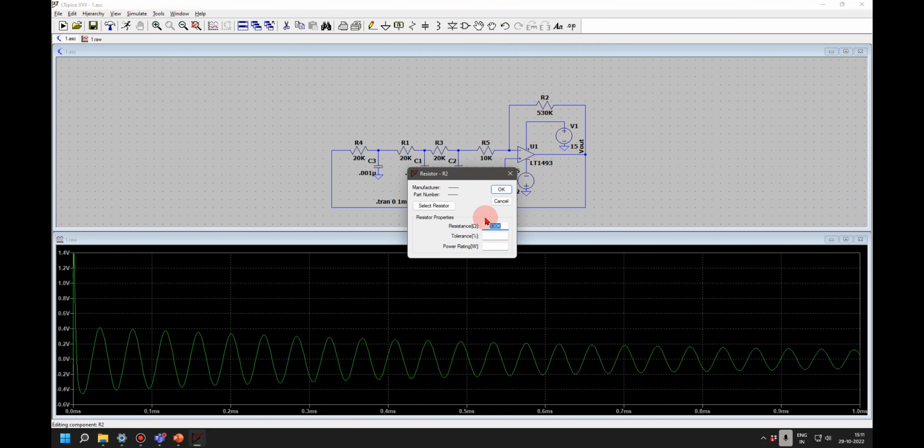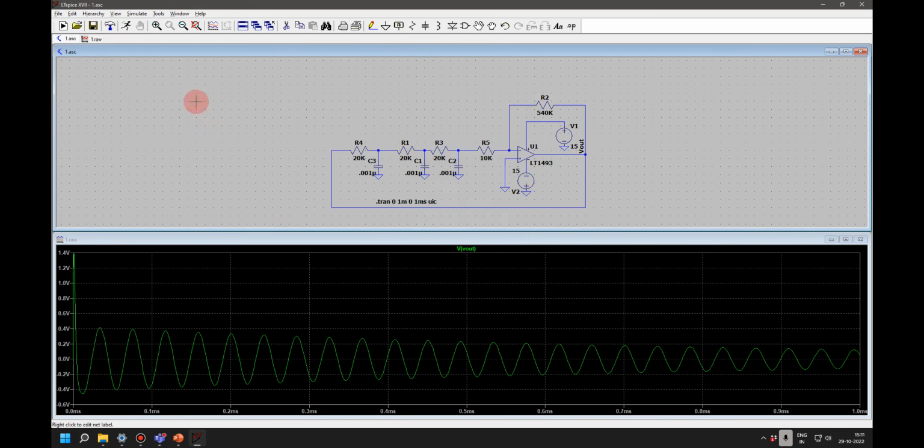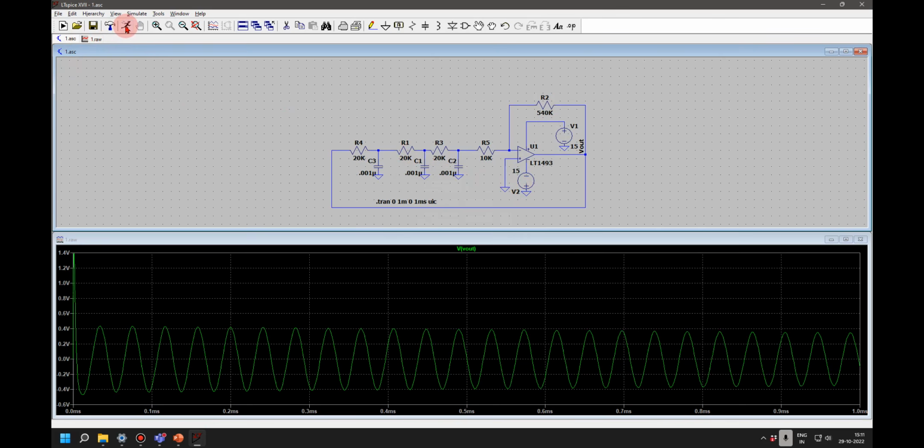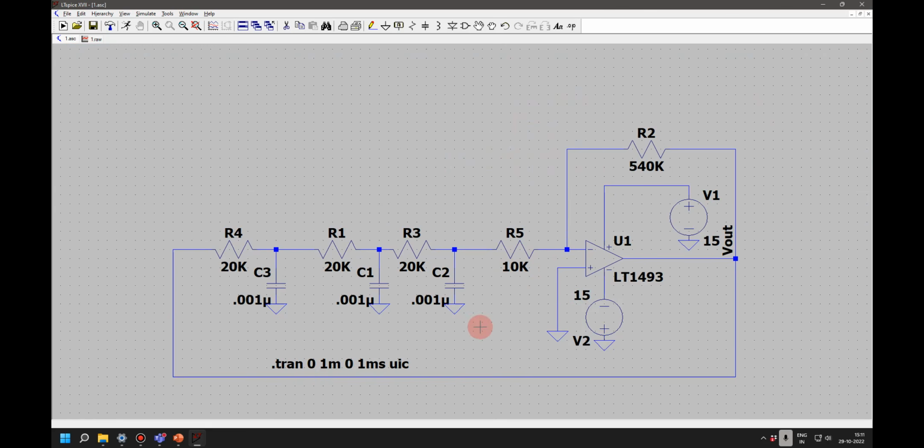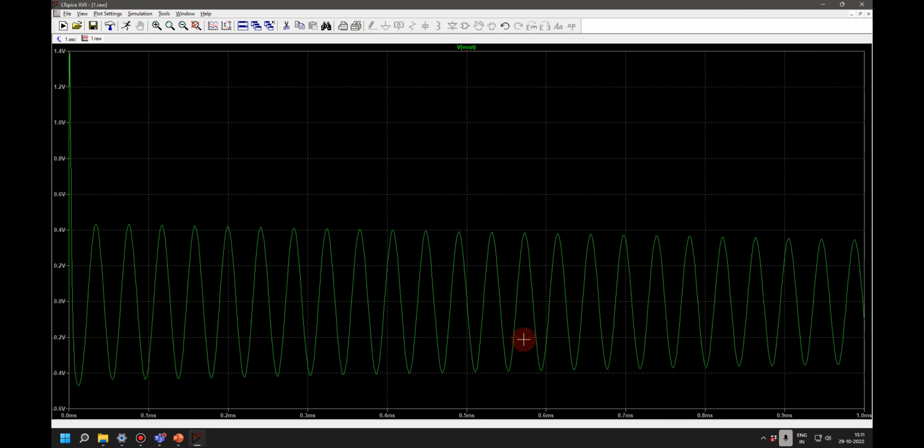Okay, I had put 545. Yeah, 545. Yeah, I think this is okay. So you have to set it like that, right? So the gain is one important parameter. So this is how you design frequencies and oscillators, right? So you can do that.